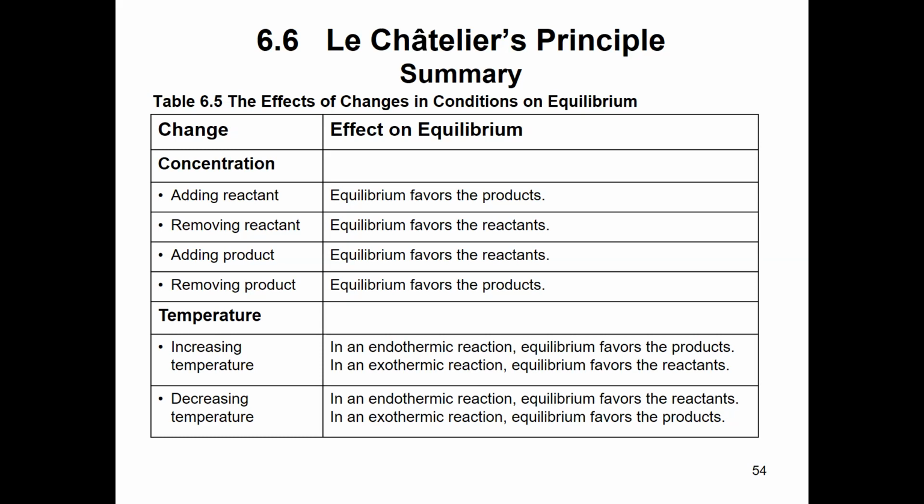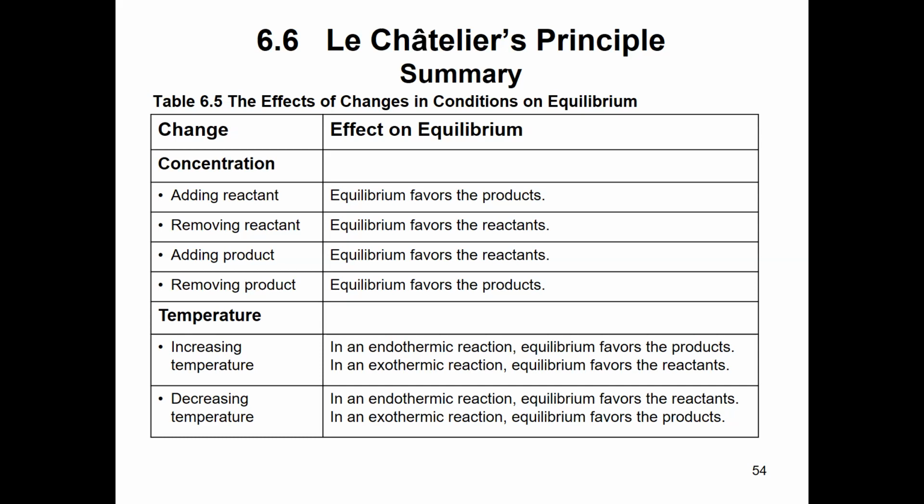And so decreasing the temperature in an endothermic reaction would not be favorable for the product. It would favor the reactant, because remember, the reverse of an endothermic reaction is an exothermic reaction. So if you're decreasing temperature, this does not favor the endothermic reaction, so it favors the reactant.